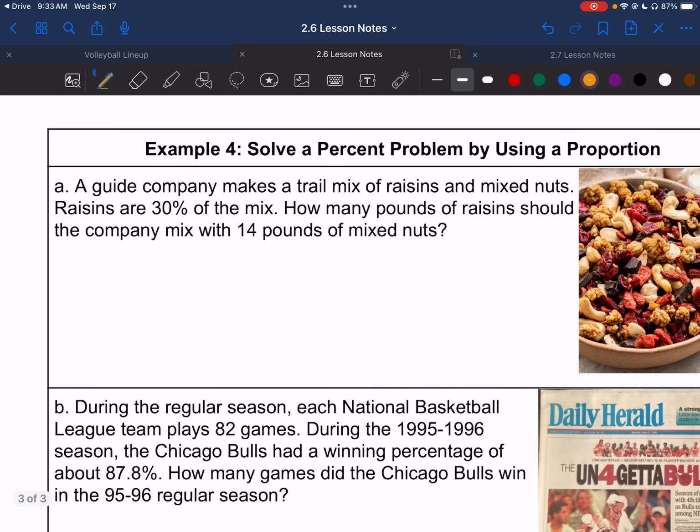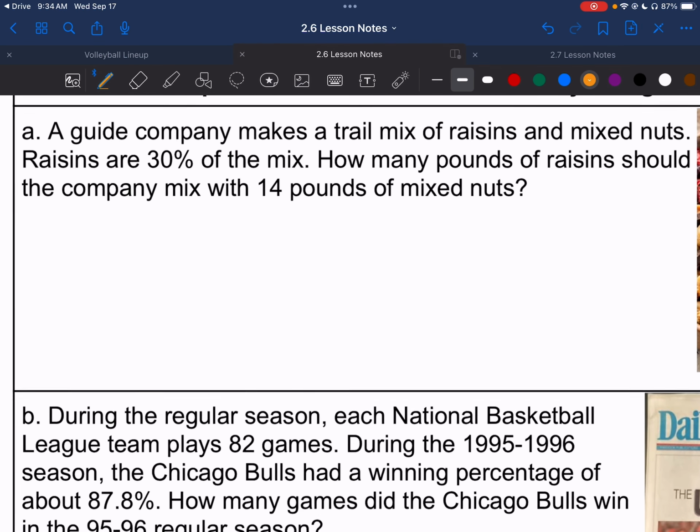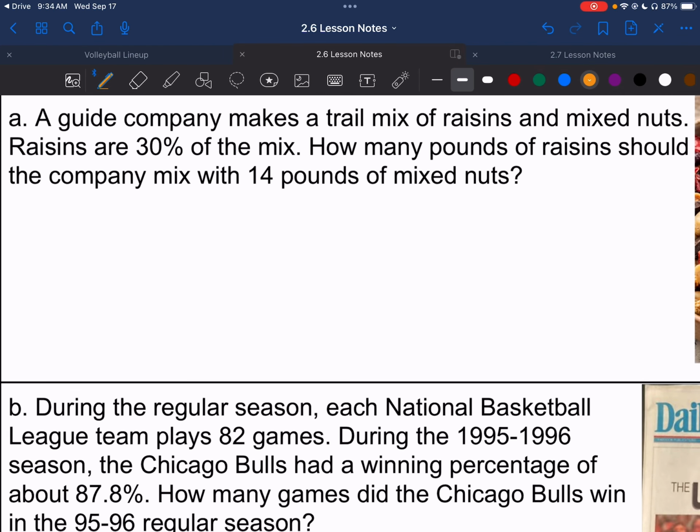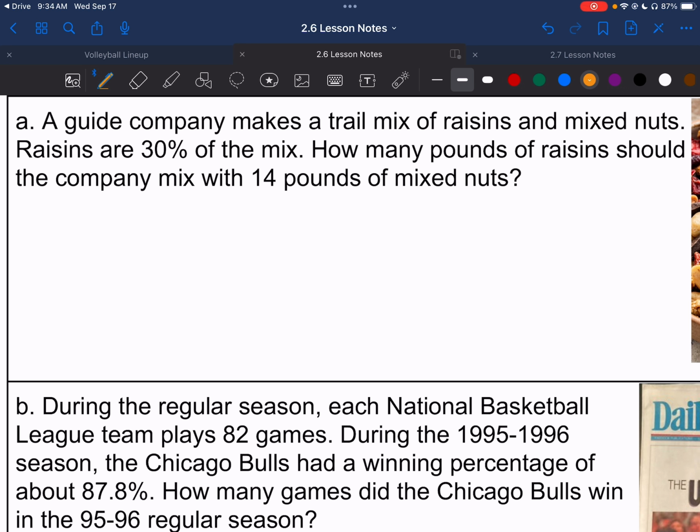All right, we're going to take a look at the next page and we're going to solve a percent problem using a proportion. So we have a company and they are making a trail mix of raisins and mixed nuts. Raisins are 30% of the mix, and we want to know how many pounds of raisins the company should mix with 14 pounds of mixed nuts.